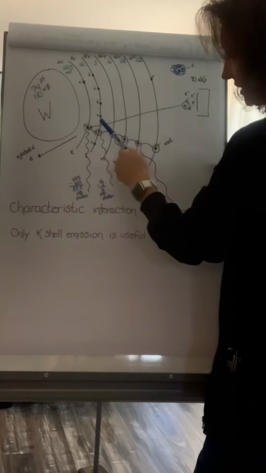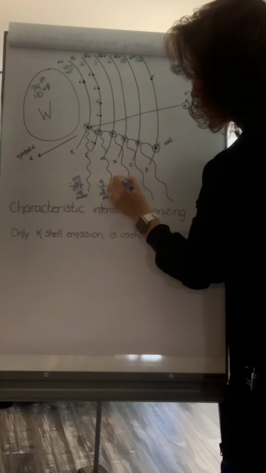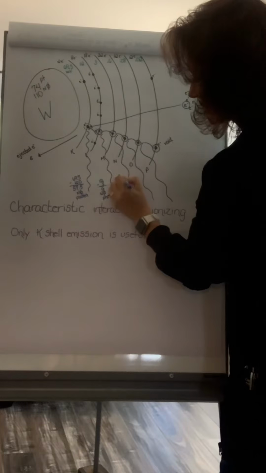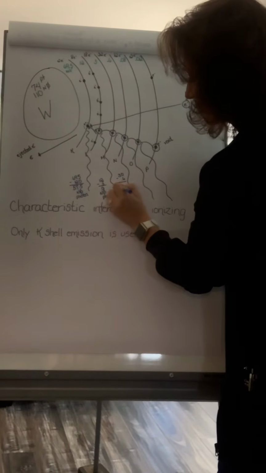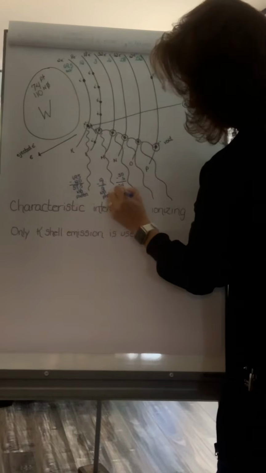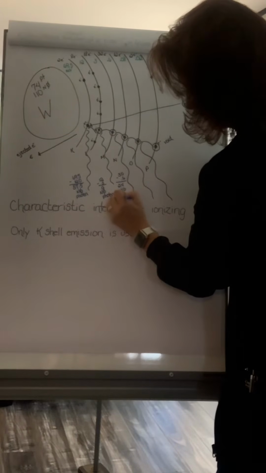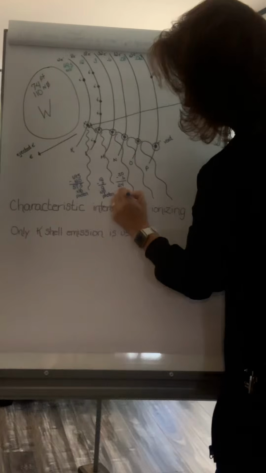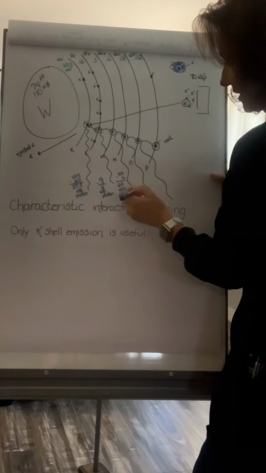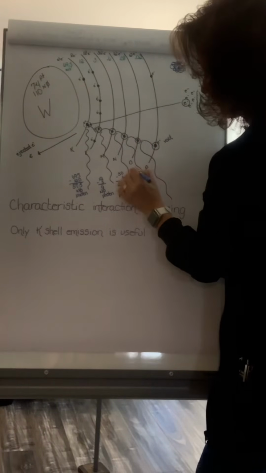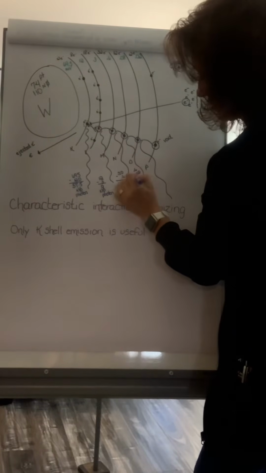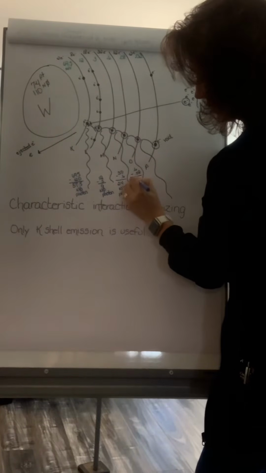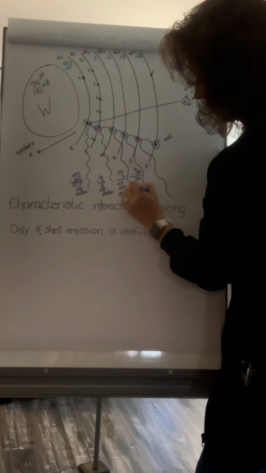So then this one got knocked out, which was 3 minus 0.6, which leaves me a 2.4 kVp photon. Next one, we end up with 0.6 minus 0.08. So we end up with a 0.52 kVp photon.